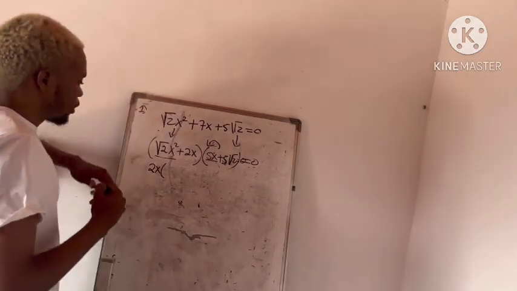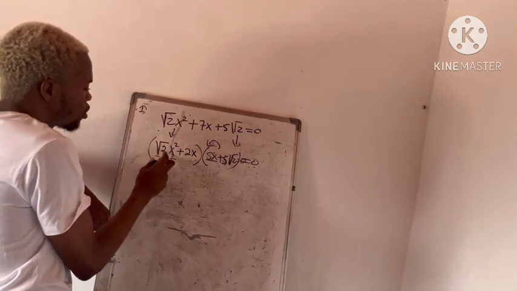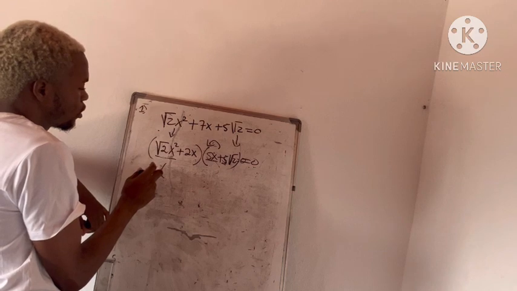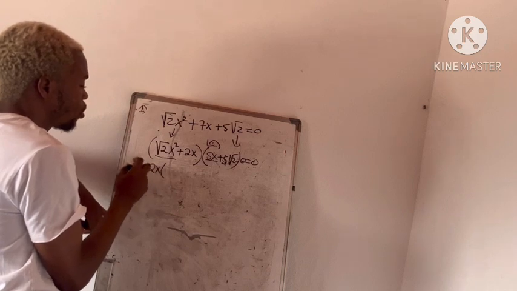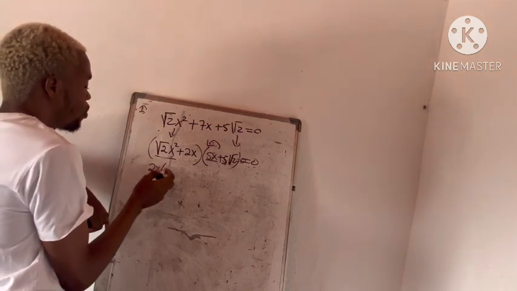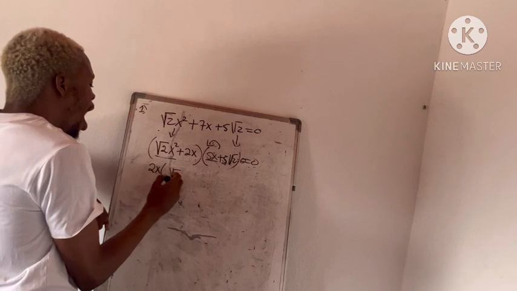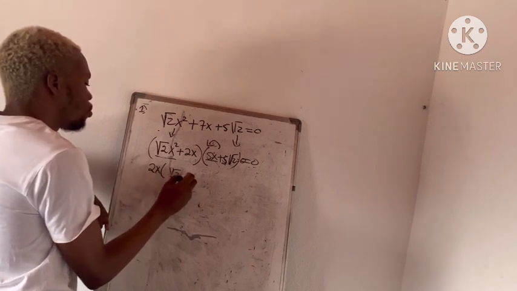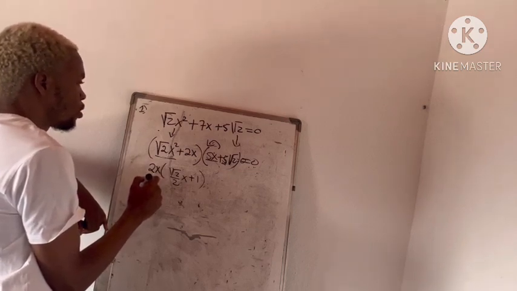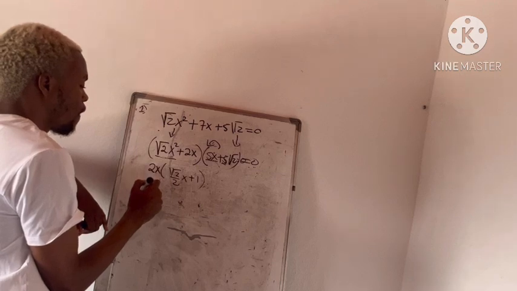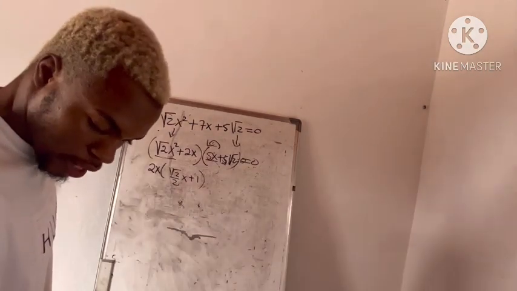Looking at this root 2x squared plus 2x, it really gets complicated. You cannot take out 2x because what are you going to have in here? The only thing we should have there is root 2 and 2x plus 1, which is root 2x. That doesn't make sense.